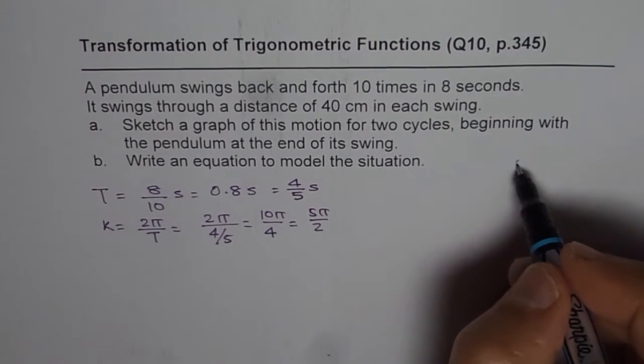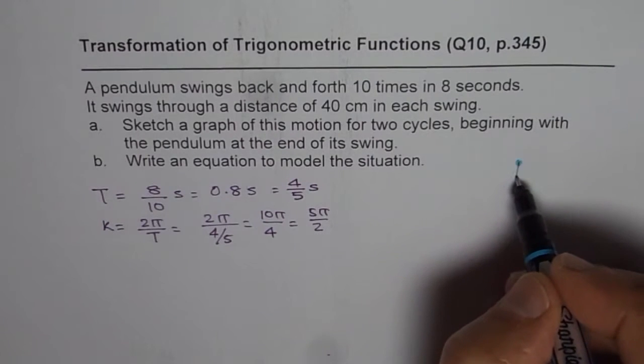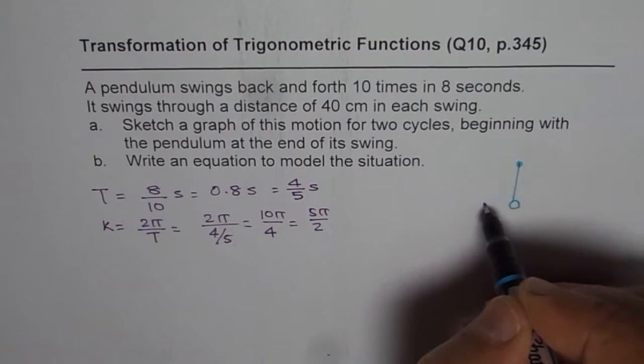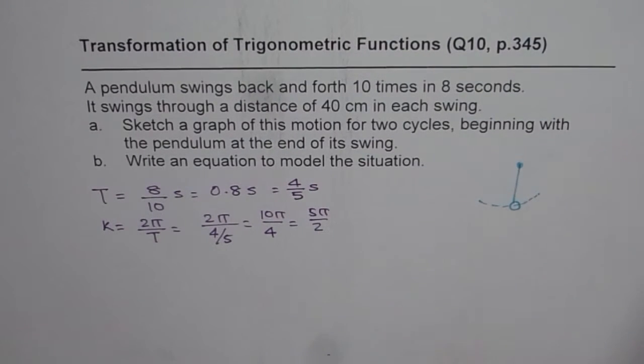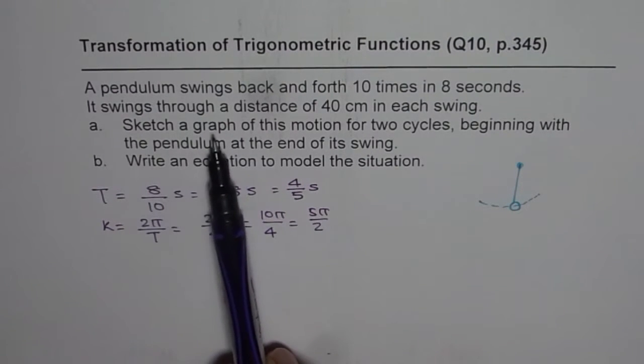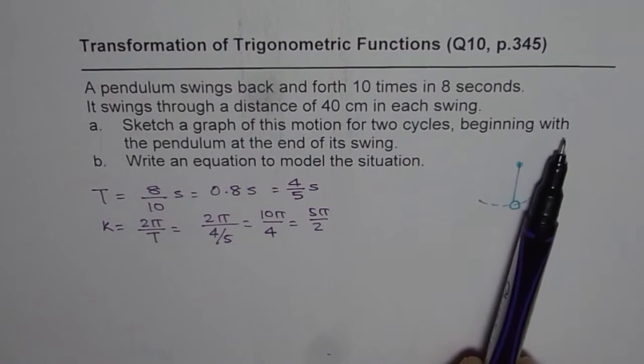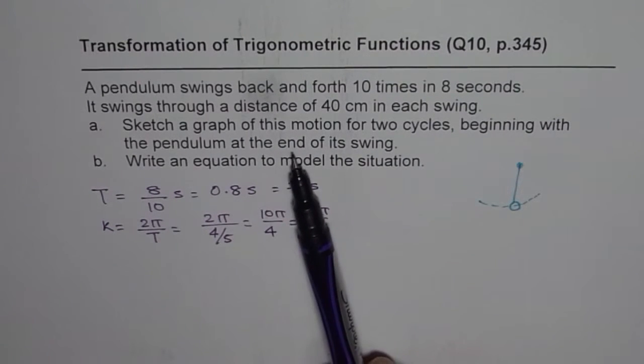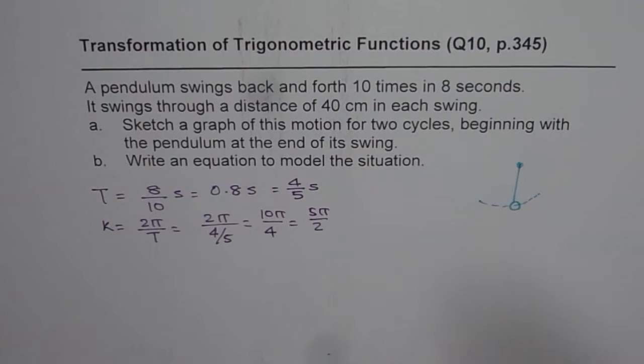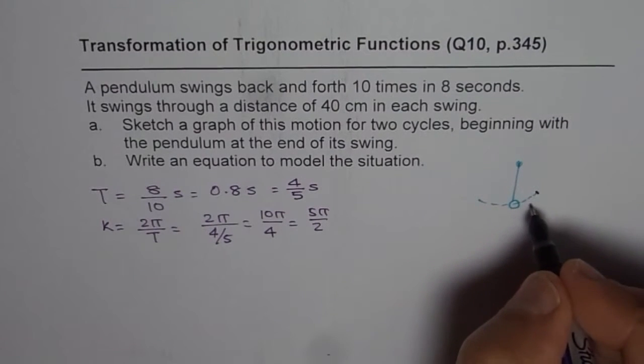Now let's try to understand what the situation is. Let's say this is the pendulum and it is swinging. It says to sketch a graph of this motion for 2 cycles beginning with the pendulum at the end of its swing. That means, let us say this is the end of the swing.